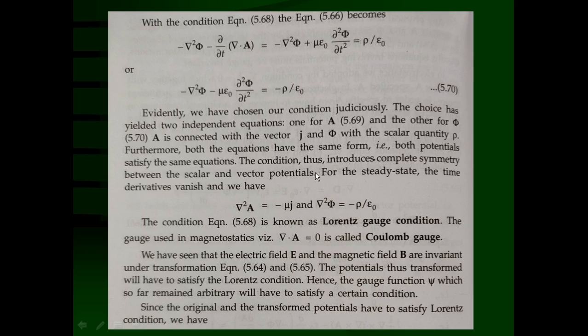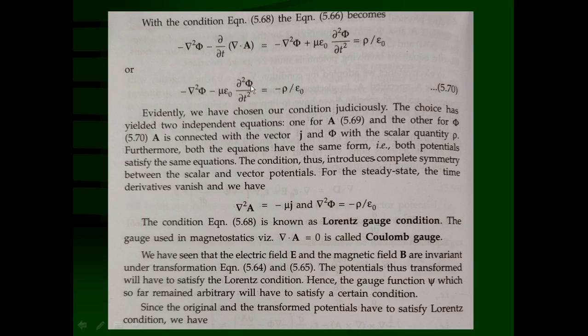The condition thus introduced complete symmetry between the scalar and vector potentials. For the steady state, the time derivative vanishes, because in steady state conditions the vector potential A as well as the scalar potential phi are independent of time.